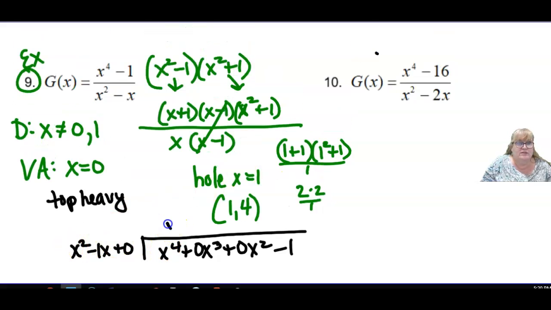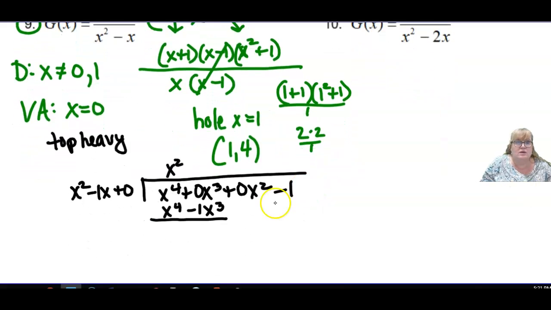X squared to become an x to the 4th is an x squared, so we get an x to the 4th minus 1x cubed. When I subtract that, I distribute the negative, and I end up with 1x cubed.